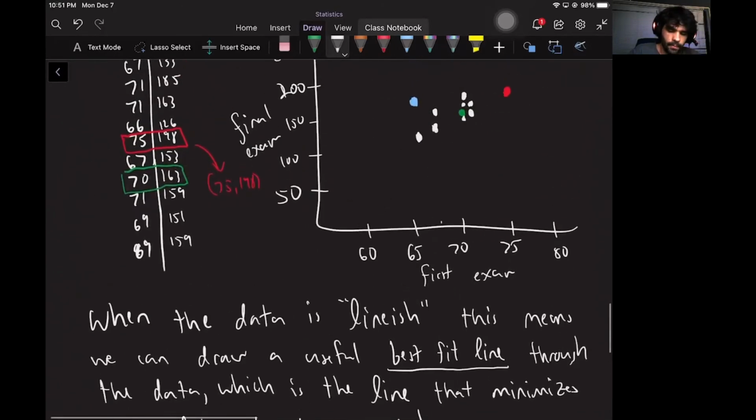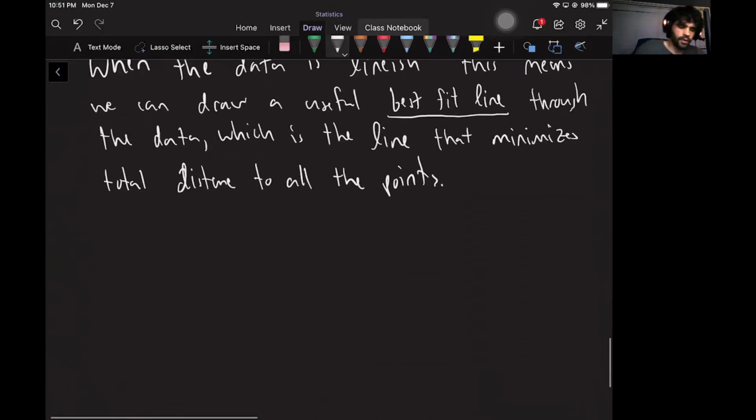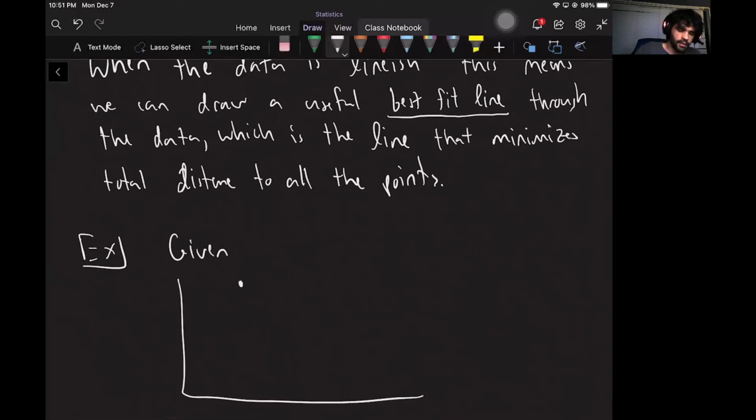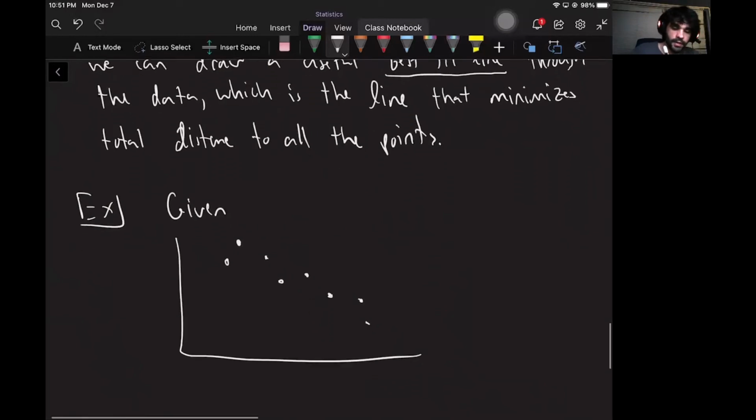Let me draw a different example before I do the real one, to make it more clear what this looks like. If I have these points here, so I'll make something very clearly lineish, then what would the best fit line look like?